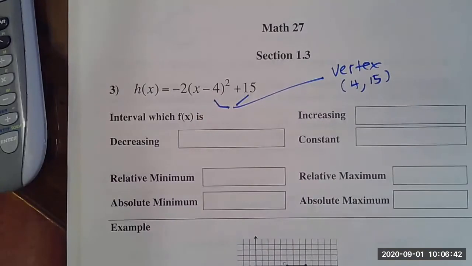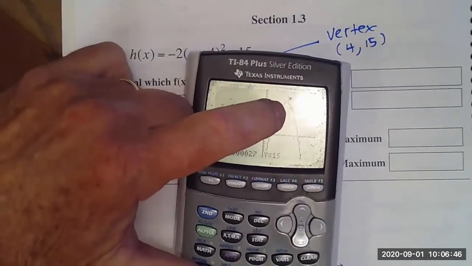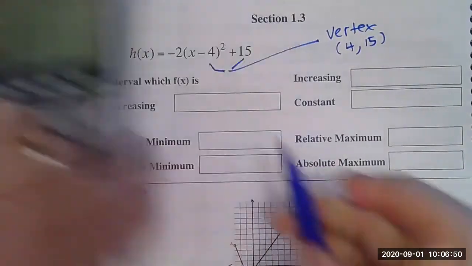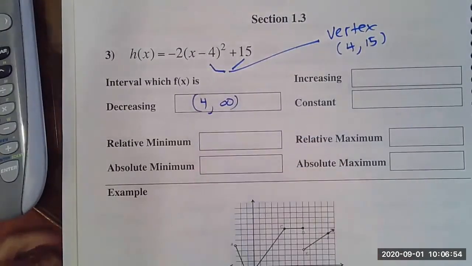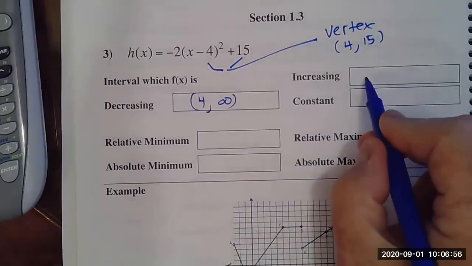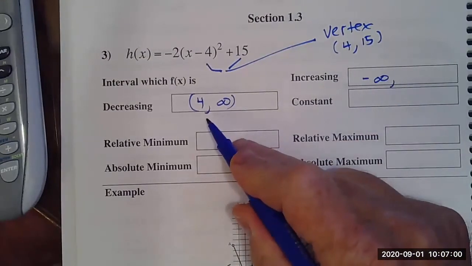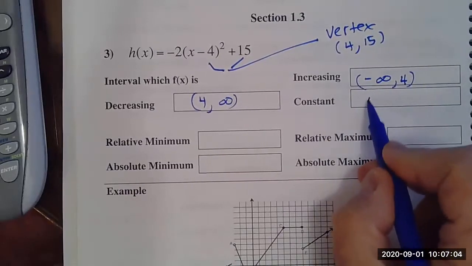So that's the vertex. But decreasing, okay, so decreasing starts, these are x values. That's at 4, and it goes to infinity, and it's always open parentheses. Increasing, negative infinity up to where the top is, and again, it's the x value. In constant, there is none.